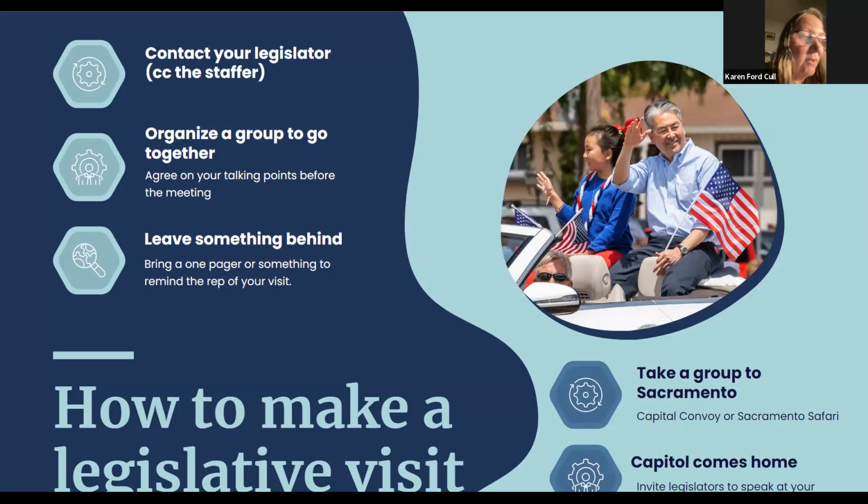We did do Sacramento Safari before the pandemic for many, many decades, I think, and we are starting to put together that idea again and how we'll do that going forward. And then the idea of doing Capital Comes to Home, a similar idea where you bring your legislators to your school to talk to the students.